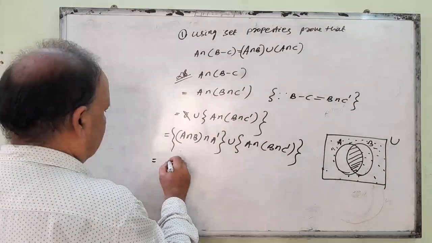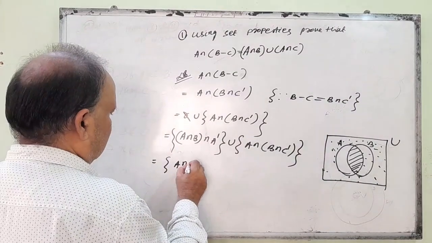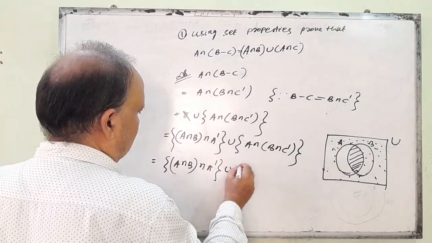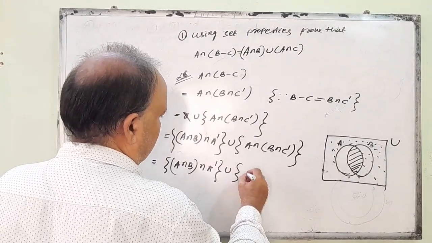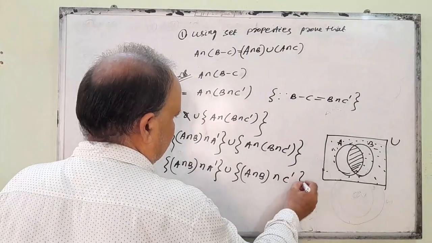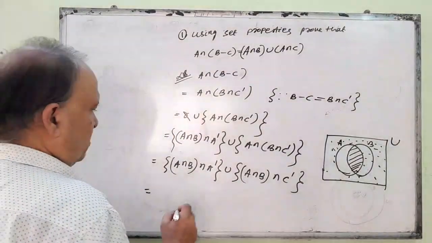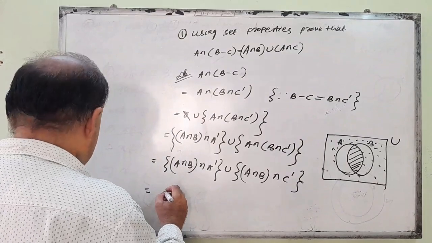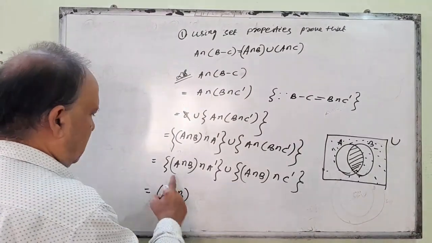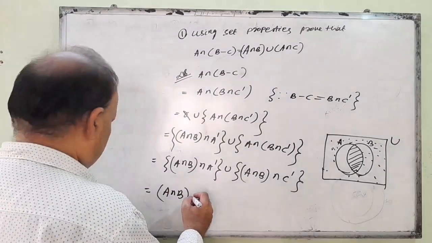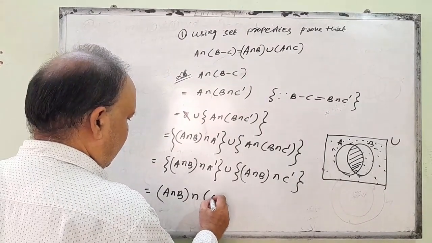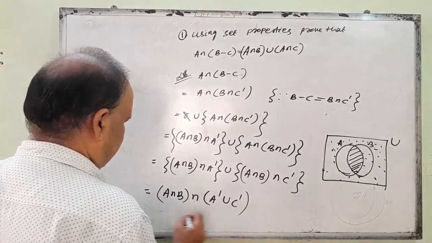So we can write A intersection B intersection A dash union A intersection B intersection C dash. You apply the associative property, and that is equal to A intersection B intersection (A dash union C dash), by the reverse distributive law.